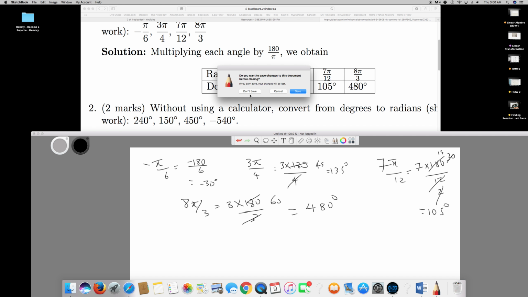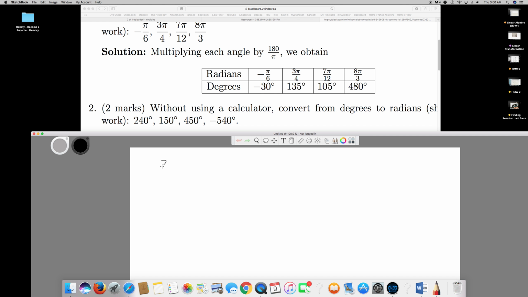I'm taking the new one, and they have given 240 degrees. To convert degrees to radians, we have to multiply by π over 180.